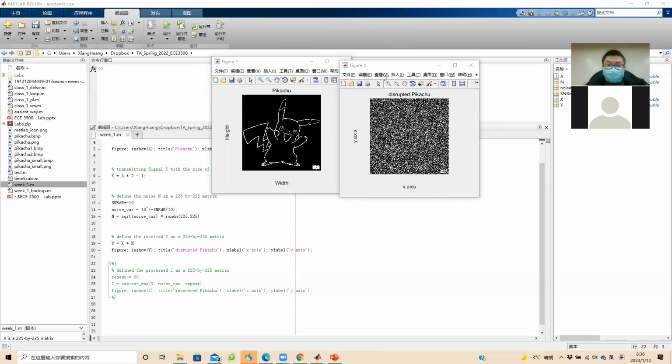By doing this operation, I have to use the addition of matrices. For the addition of matrices, you must make sure both matrices have the same size. Y has the size of 225 by 225, so N and X should have the same size. This is some basic operation for matrix addition.